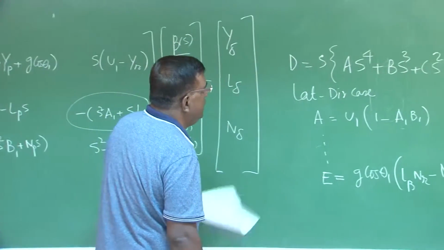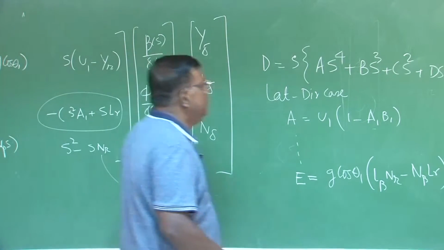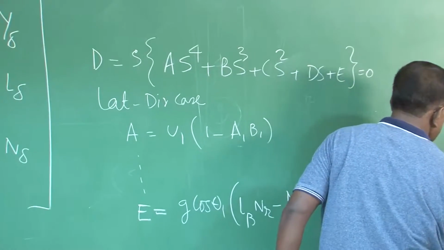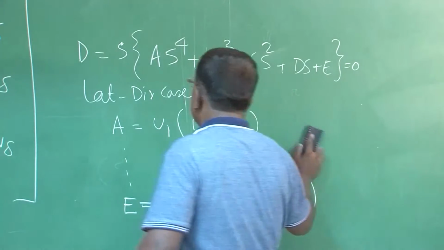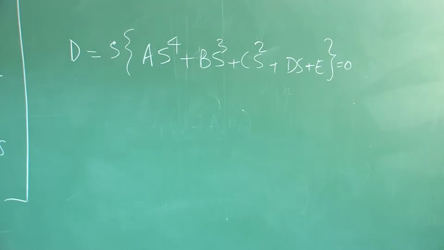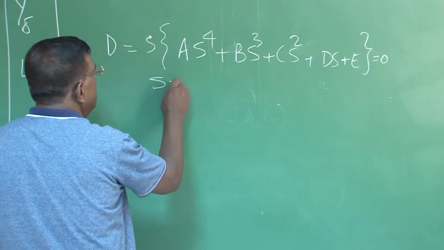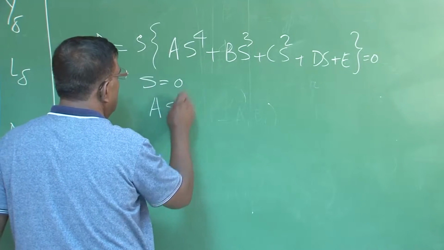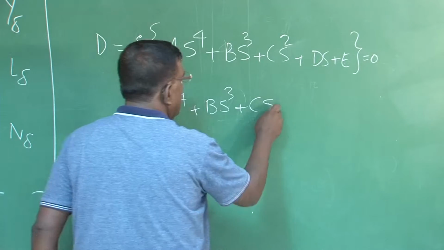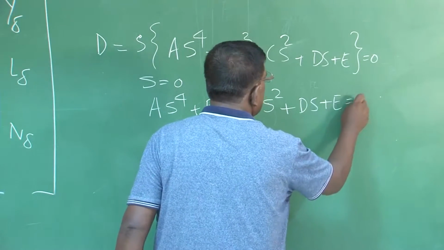If this is agreed and understood, then if we want to find the roots of this equation, determinant equal to 0, what do I get? Let me erase this. I get S equal to 0 and A s to the power 4 plus B s cube plus C s square plus D s plus E equal to 0.